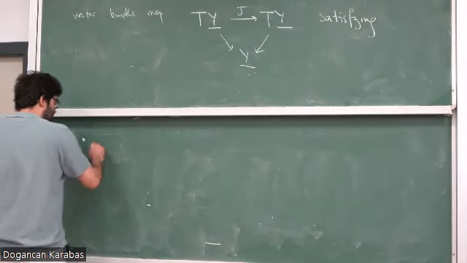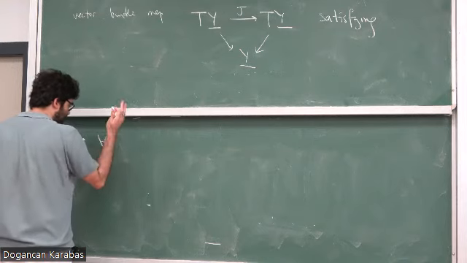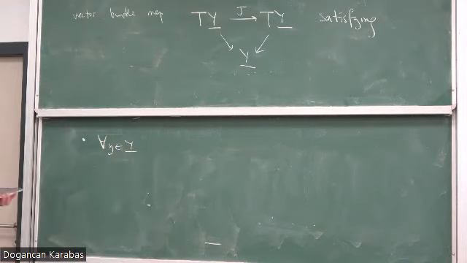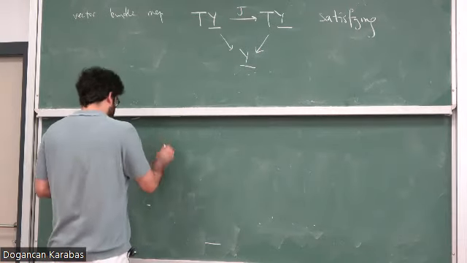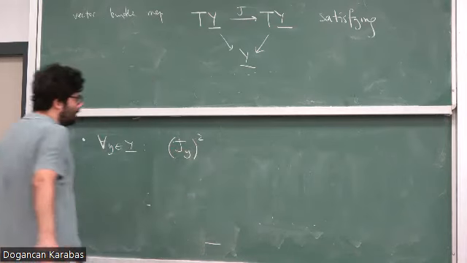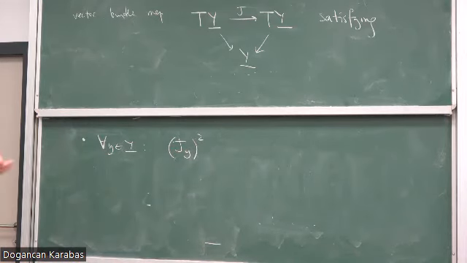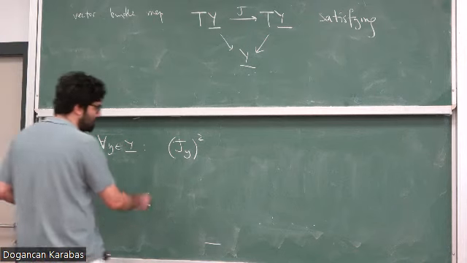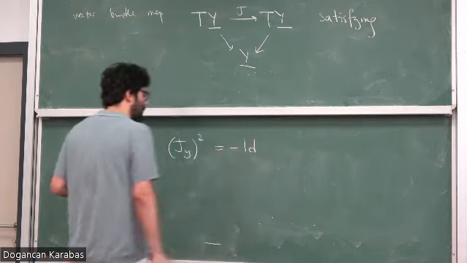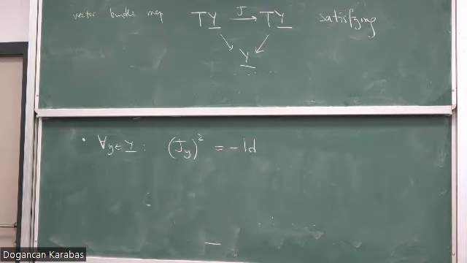So the first condition is that for every Y inside my Y underline, the square of the linear map associated to that tangent space should square to minus identity.